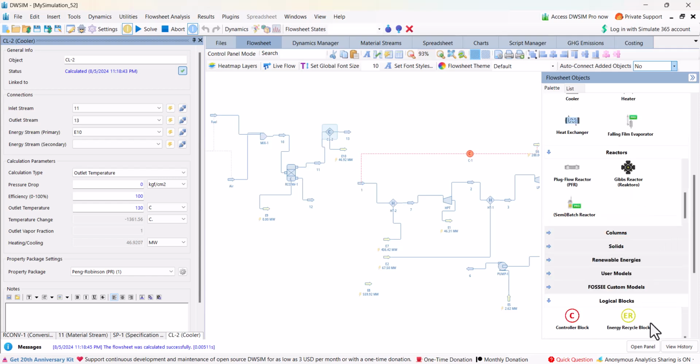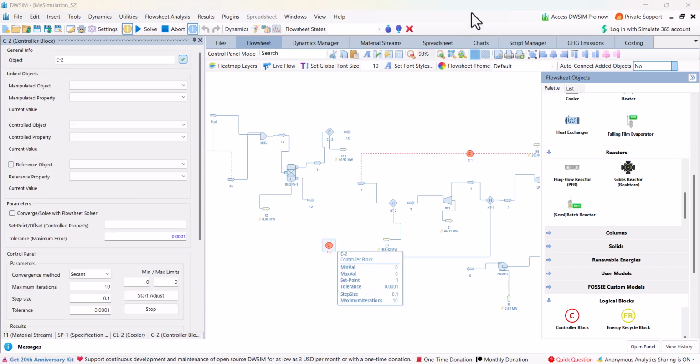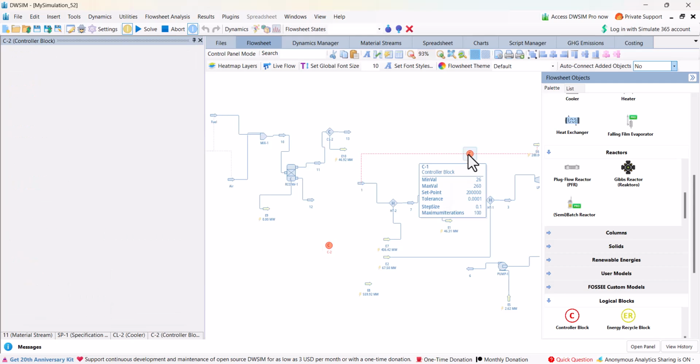So now we can go and add a controller block. Let's see if the model will converge. So I'm trying this also first time. So we will manipulate fuel. Let's see how we did it previously.